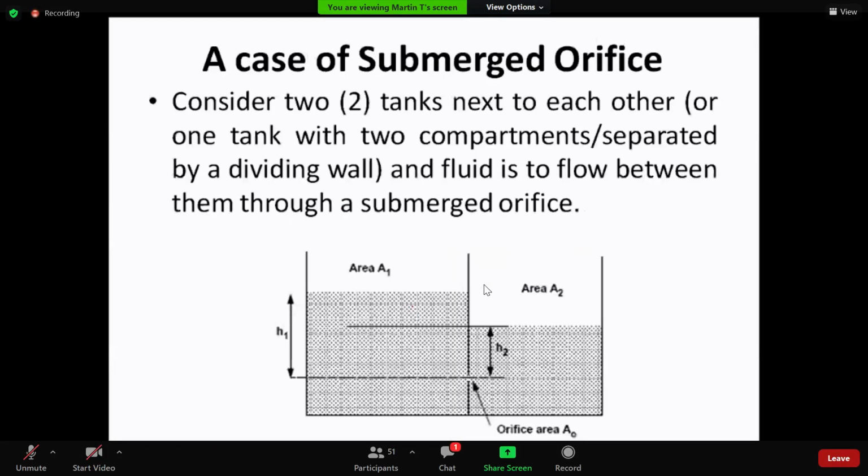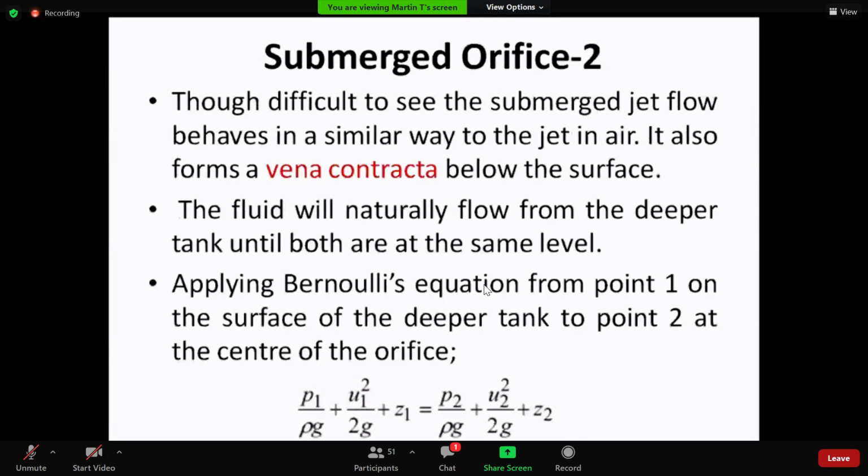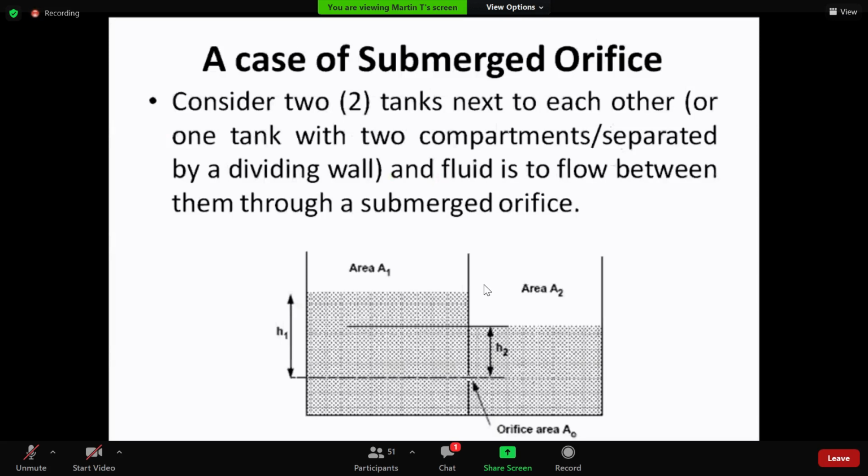So for example, say if the orifice was submerged, that is if we have two tanks next to each other, then we would still apply Bernoulli's equation to a streamline that starts from the surface here up to point number 2.